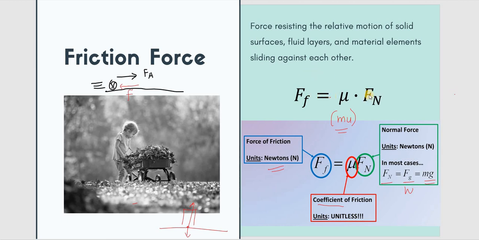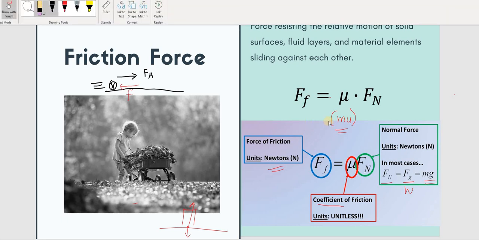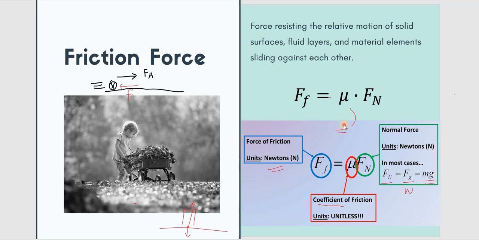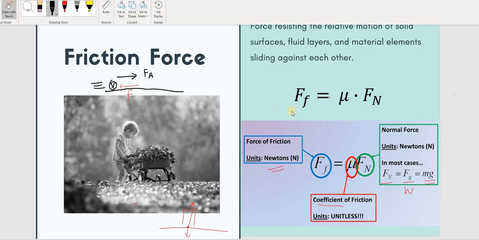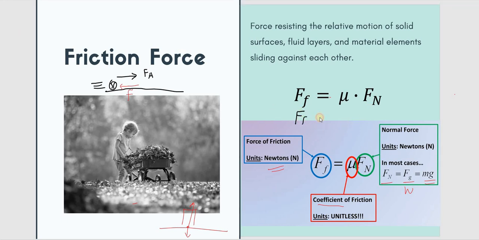If you will be simplifying this formula, you can also have here mu sub Fn. Substituting the Fn, your frictional force will be equal to the coefficient of friction multiplied by m times g. So this is for flat surfaces.